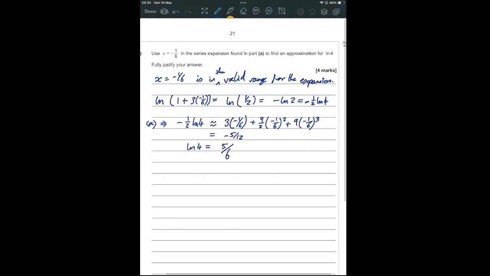Now we have only used the first 3 parts of the series expansion, but I am going to take a moment just to check that I haven't done anything silly. So I checked that, which is the negative 2. I'm also going to check that negative a half ln 4 is the same as ln half, which they are.